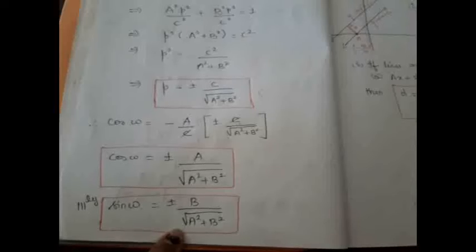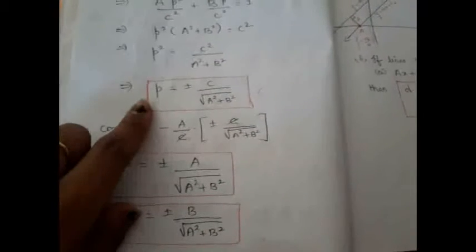And through normal form, we have arrived that cos omega is given by plus or minus a by square root of a square plus b square. Sin omega is plus or minus b by square root of a square plus b square. And the perpendicular distance of the line from the origin is given by plus or minus c by square root of a square plus b square.